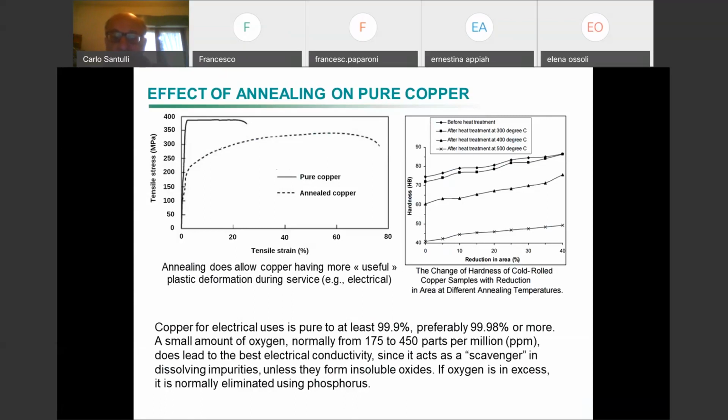In other cases, you may consider that you can treat copper, you get the cold rolled copper. Here, the purpose of the graph to the right is to understand, well, I want to make a copper sheet, because in some cases you need electrical transformers and so on, sheets of copper.